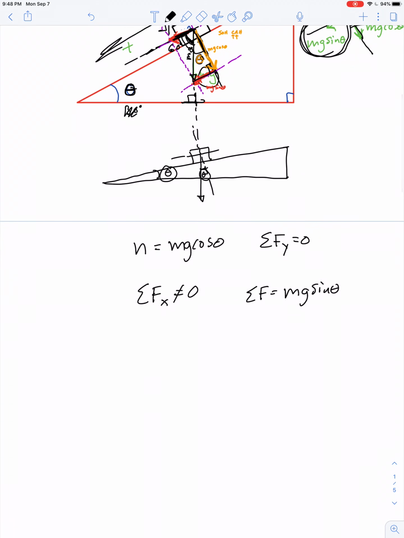Well, now think about that. By Newton's second law, we're allowed to replace net force with ma. So ma equals mg sine theta. If we divide both sides of the equation by m, we find the acceleration of an ice block should be very nearly equal to g sine theta.